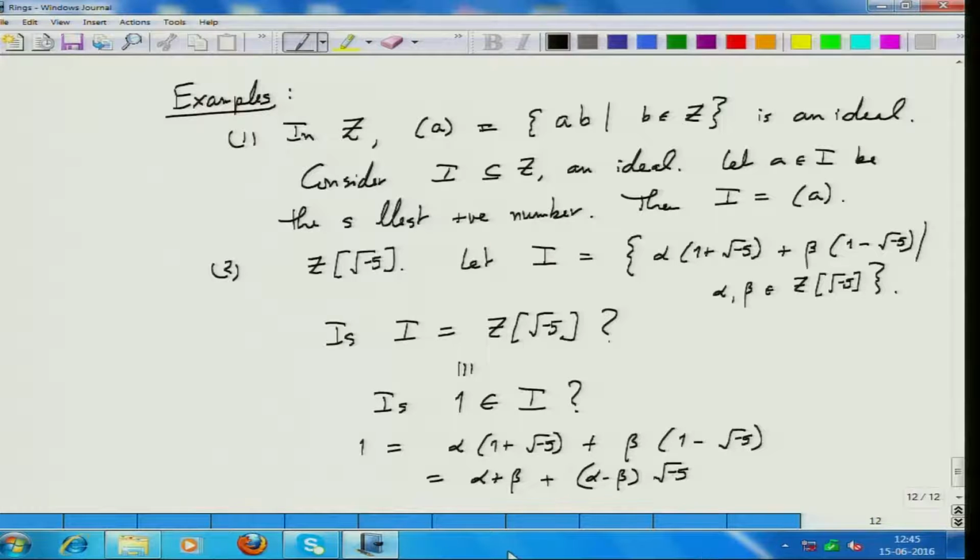So this means alpha must be equal to beta. Oh, elements of Z[square root of minus 5]. Okay. Yeah, I'm treating them as integers, which is wrong. So we'll have to express alpha itself as an element of Z[square root of minus 5], which is alpha 0 plus, let's say, alpha 1 square root of minus 5.